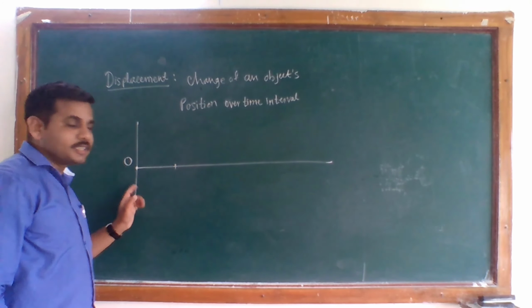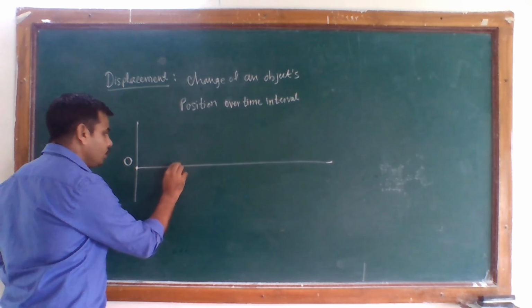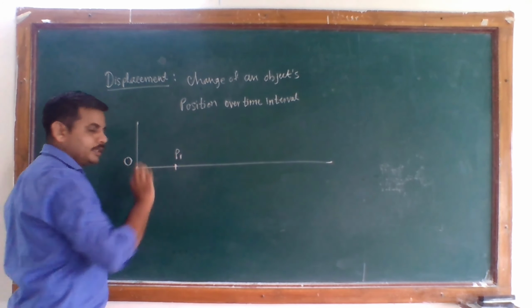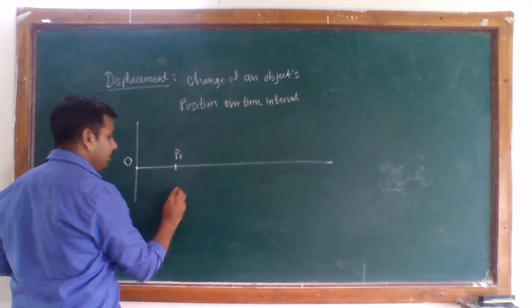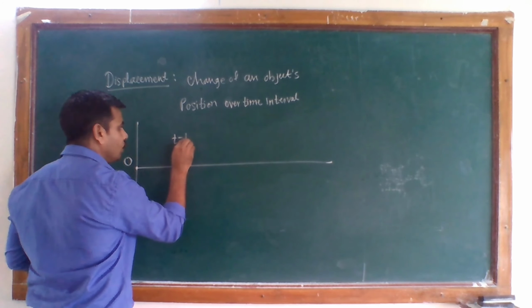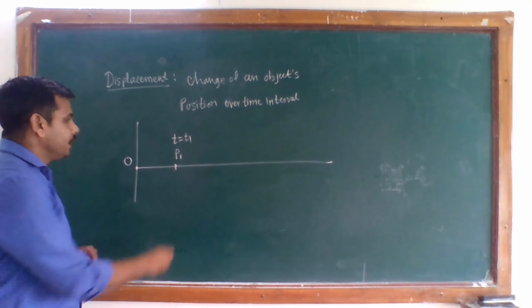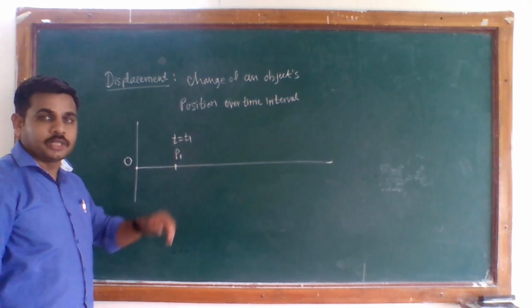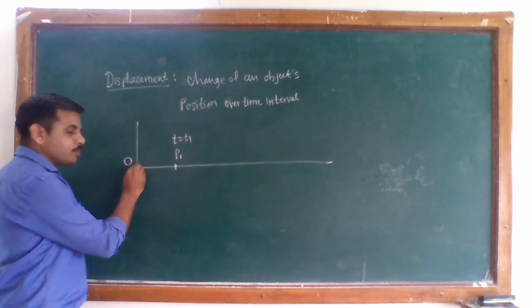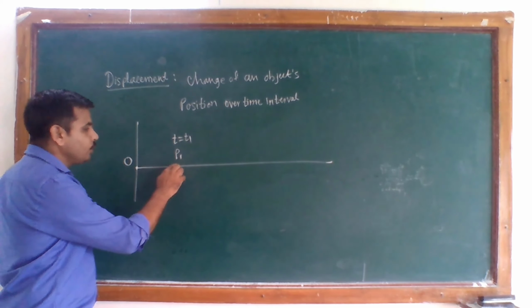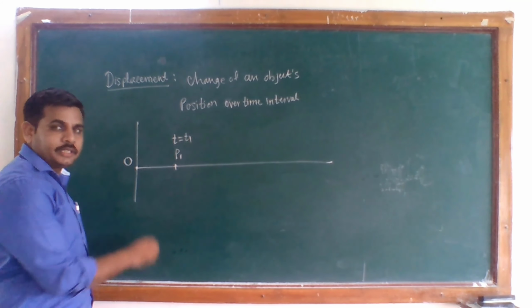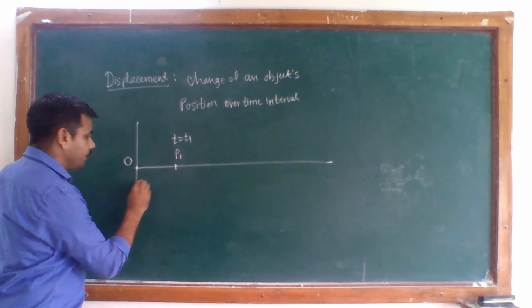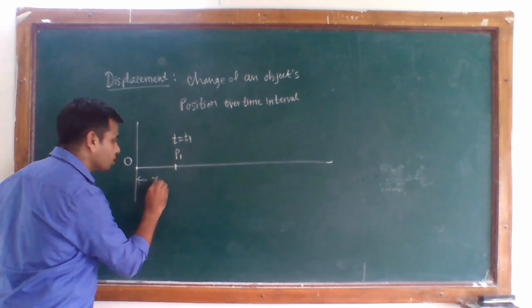The car changes its position from the origin to point P1 at time t equal to t1. So in the time interval from rest to t equal to t1, the car moves from the origin to point P1, a distance x1.